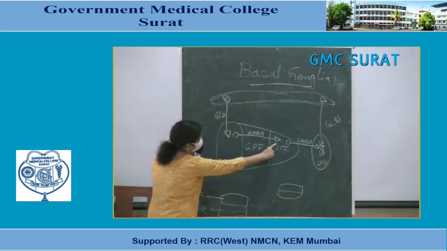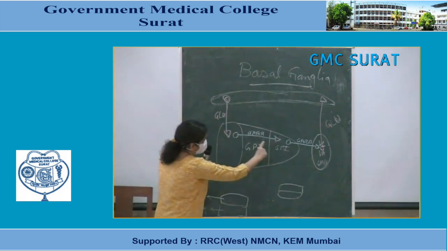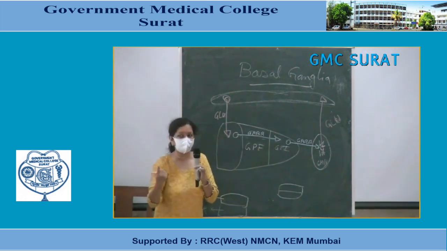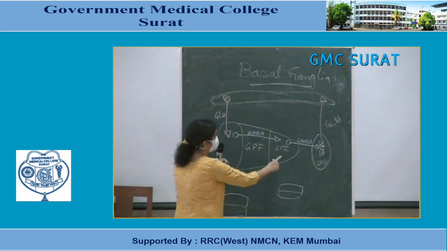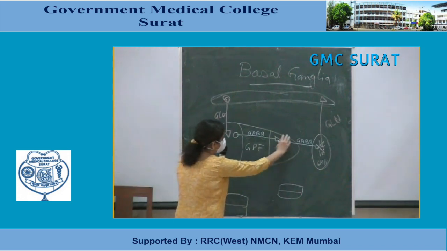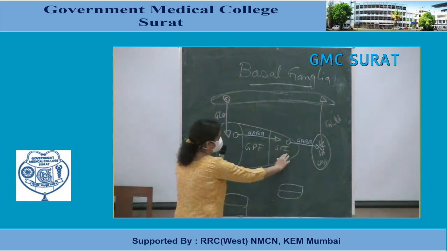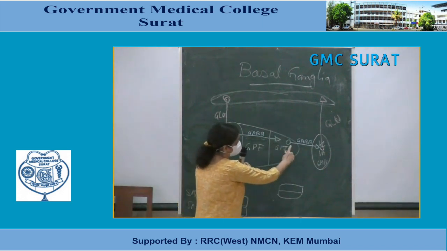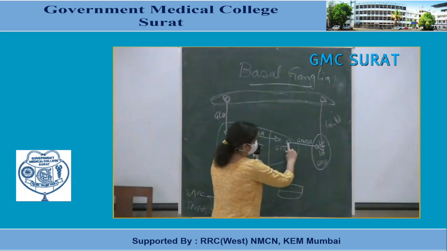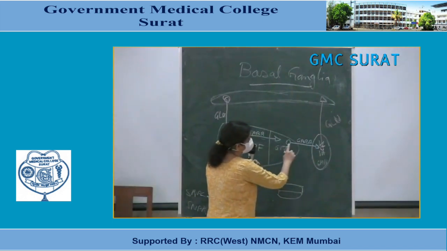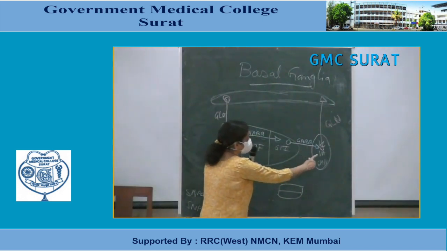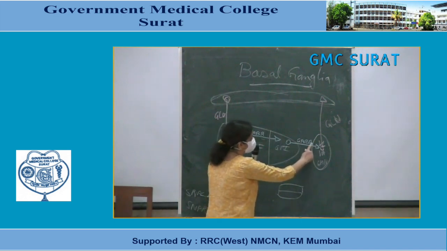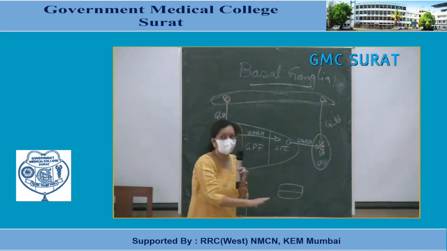Once these GABAergic fibers are stimulated, since GABA is an inhibitory neurotransmitter, what will happen? It will inhibit the globus pallidus area. Once the globus pallidus is inhibited, the pallidothalamic fibers which secrete GABA, their secretion will be reduced.